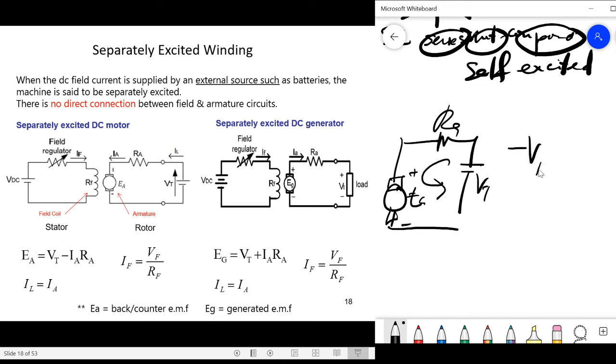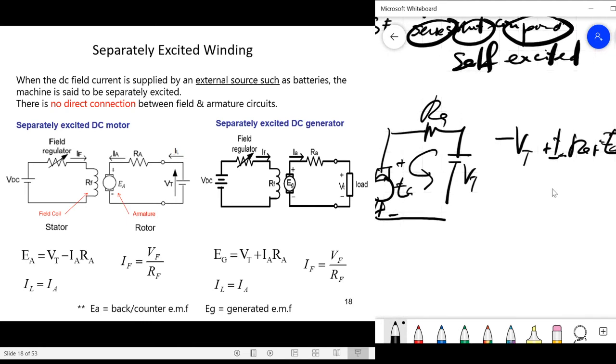So minus VT plus dengan IARA plus EA is equals to 0. Okay. So therefore EA is equals to VT minus IARA. Look. VT minus IARA. KVL you this way. Sebab you are supplying electrical energy convert to mechanical energy. Shaft you ada dekat sini. Berpusing kat sini.